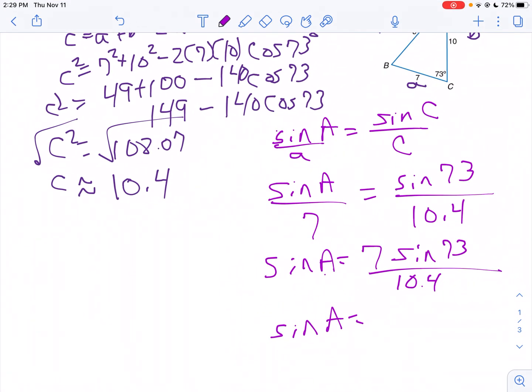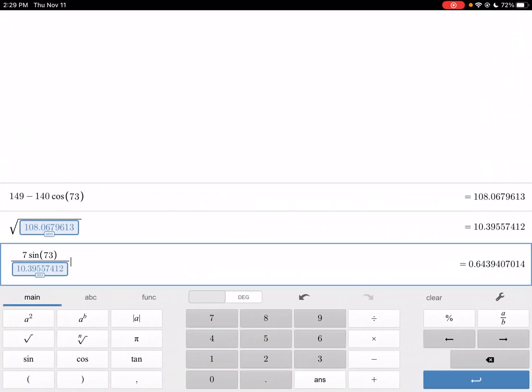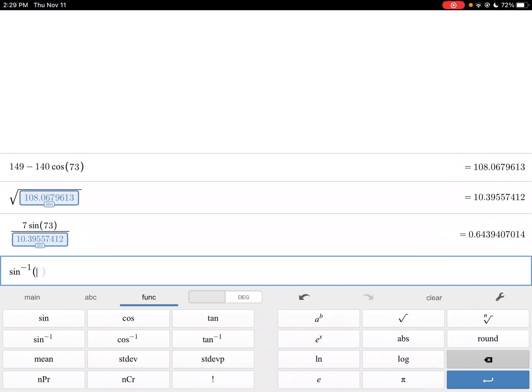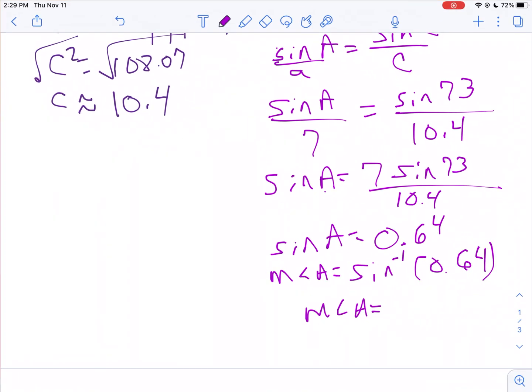So the sine of angle A is 0.64, and I want to find the measure of angle A. Well, the measure of angle A is going to be the inverse sine of 0.64. Let's take the inverse sine of that answer in my calculator. I go to functions, inverse sine, take 0.64, and I get about 40 degrees. So the measure of angle A is 40 degrees.